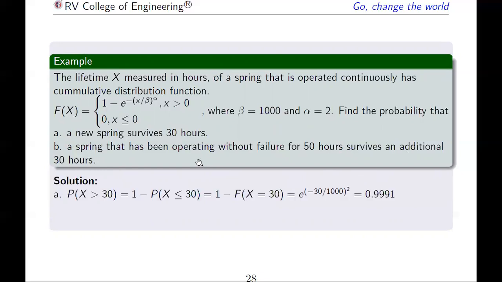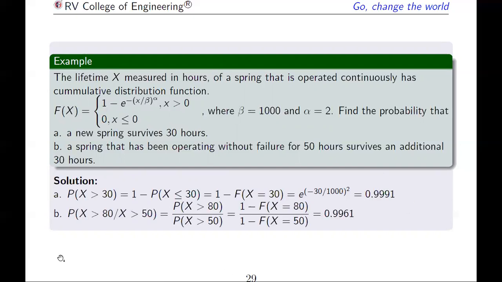For part A, we find that the probability that X will survive beyond 30 hours is 0.99. Remember that X represents the lifetime. So in 99% of the cases, the springs are going to survive for 30 hours, and there is only a 0.0001 chance that it would not survive beyond 30 hours.